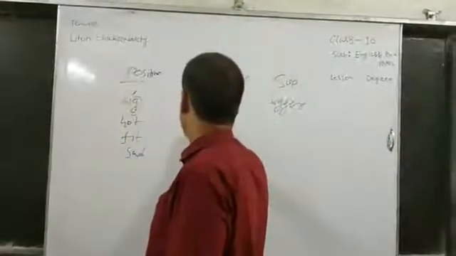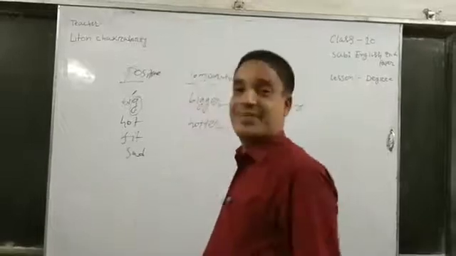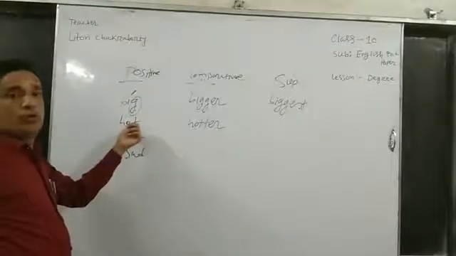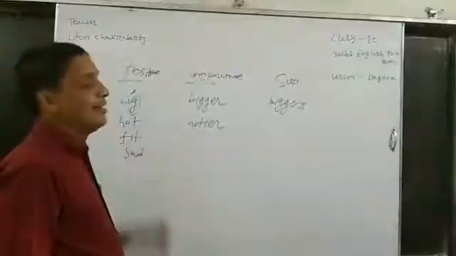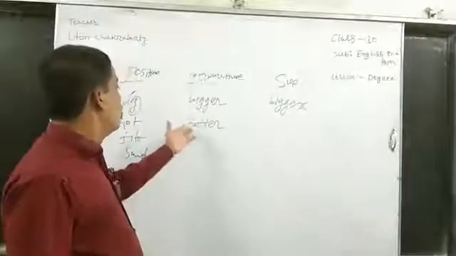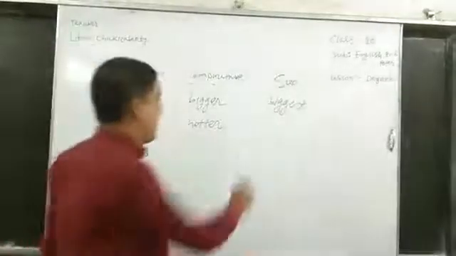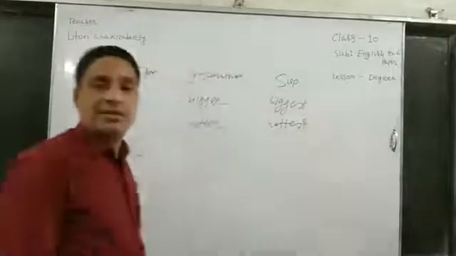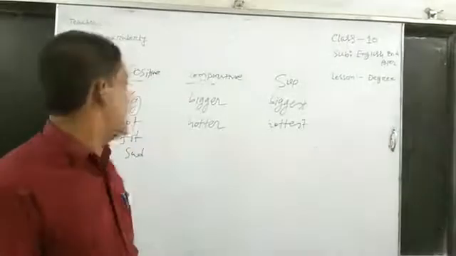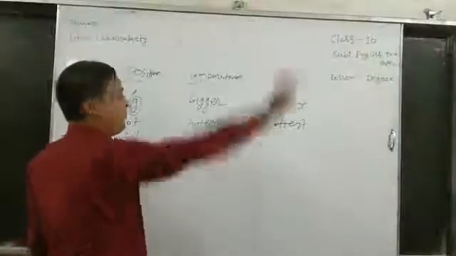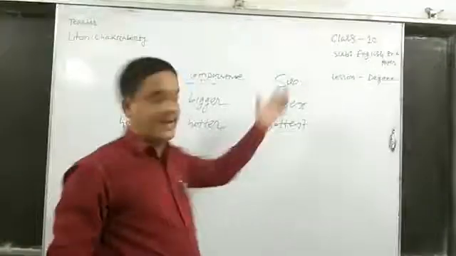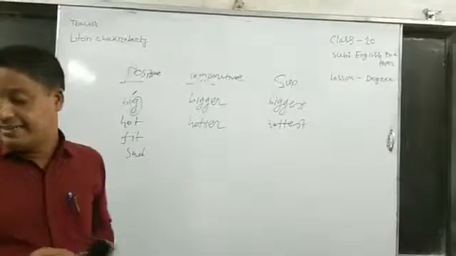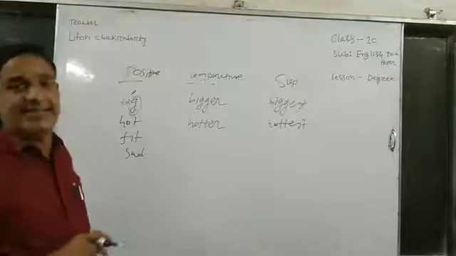Hot, double T-E-R. Why did we use double T? Because we got O, and O was a vowel. So we wrote hotter, then hottest. Fit, fitter, fittest. Sad, sadder, saddest.